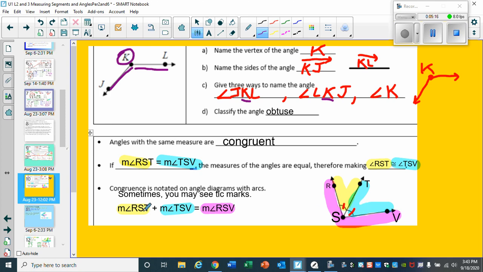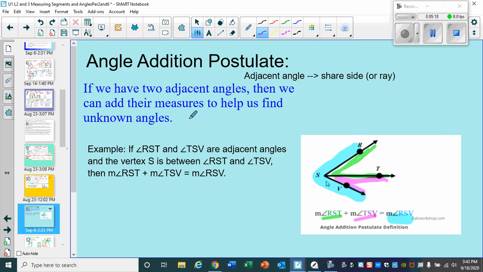And that's going to be what we're going to talk about next. Angle addition postulate. Two adjacent angles, that means they share a ray or side. Then we can add their measures to help us find unknown angles. So, for instance, RST, that's the one in green, and TSV, the one in purple, they're adjacent. Adjacent because they have that common side.